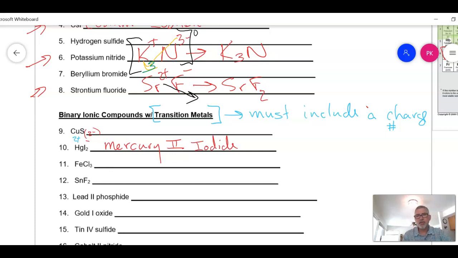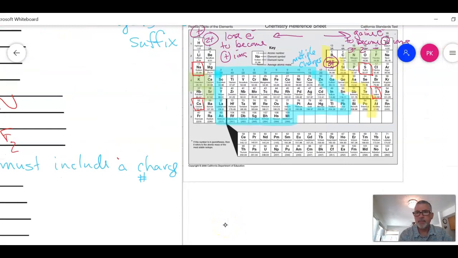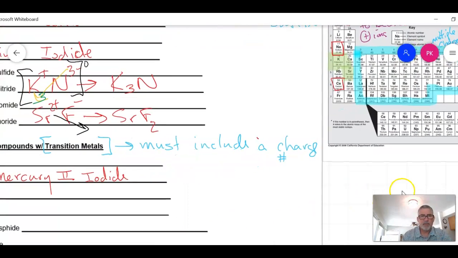Right? And that 2 is that charge number because it says it has a 2 positive charge. So same thing. Tin, if you look over here, Sn is kind of in that transition area there, right?